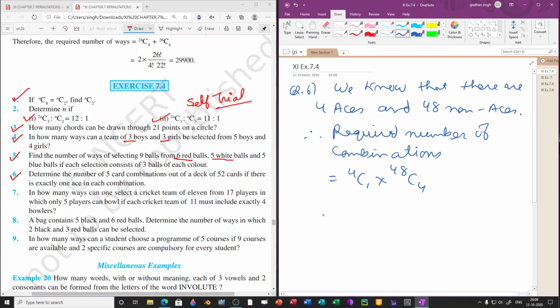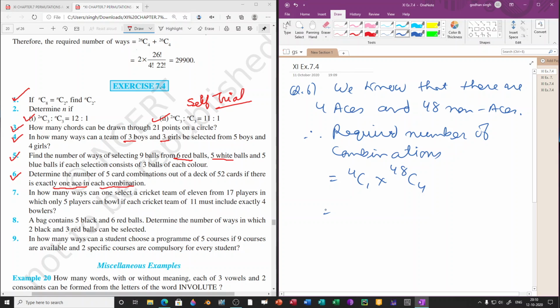Because we have to select a total of 5 cards. 5 cards are to be selected and one has to be ace and the remaining 4 have to be non-ace. So it's very simple. Determine the number of 5 card combinations out of a deck of 52 cards if there is exactly one ace in each combination. So if one is ace, it's obvious that the remaining 4 are non-ace.